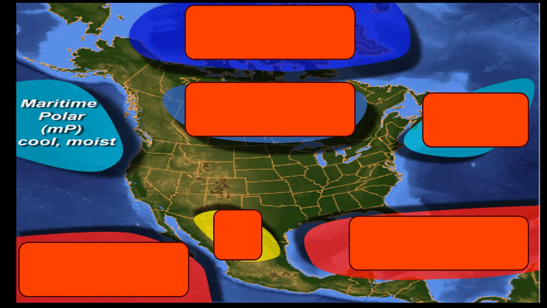So first of all, we have a maritime polar air mass, or MP for short, and that's going to be cool because it is polar, and it's going to be moist because it is maritime. You may not know this, but maritime means the ocean, the sea. So that's going to be cold and wet air.